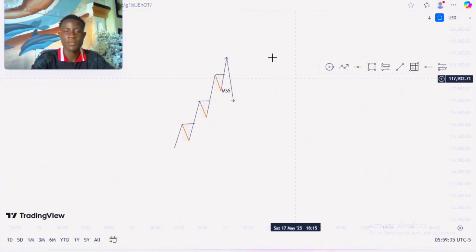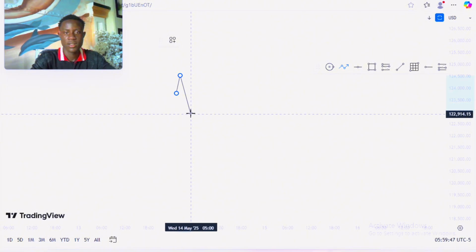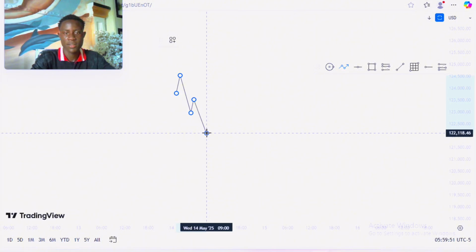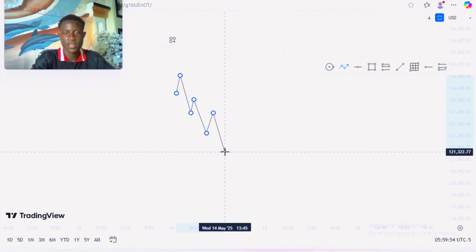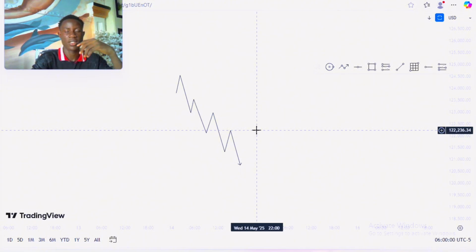All right, so now let me show you a bearish scenario like this. It's also the same thing. Market will give you pullback to break again, another pullback to break again, another pullback to break again. So this is simply when the market is dropping or in a downtrend.